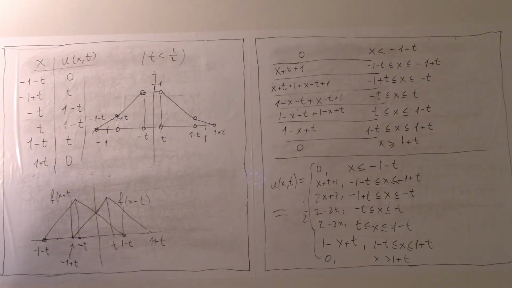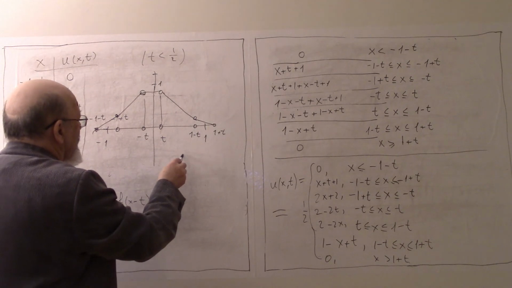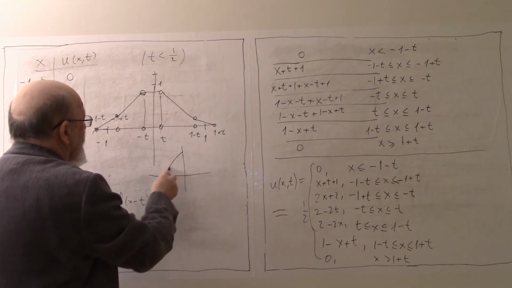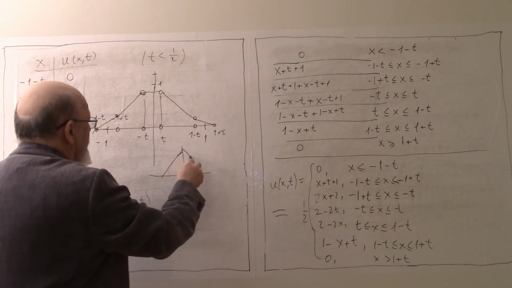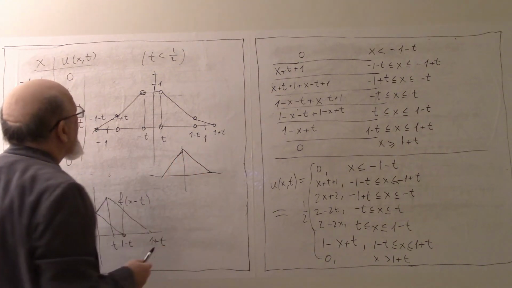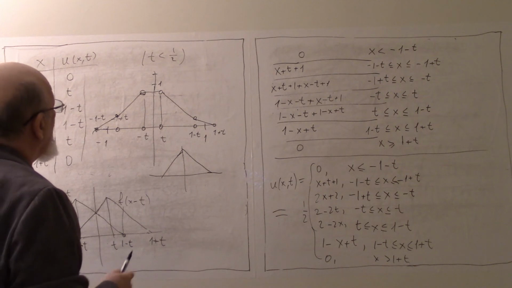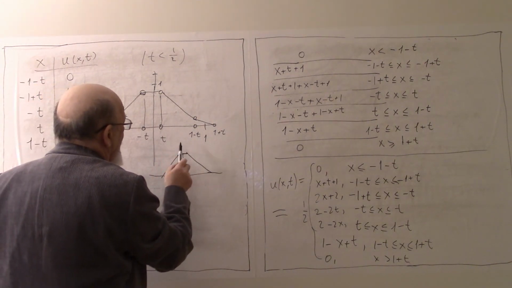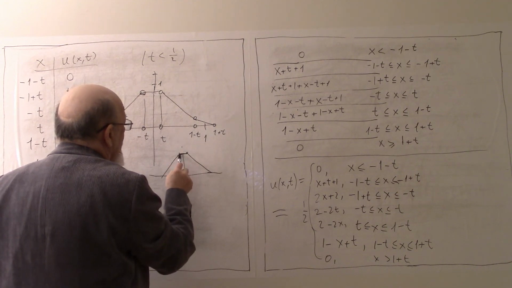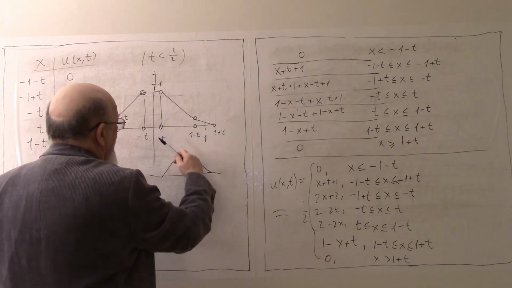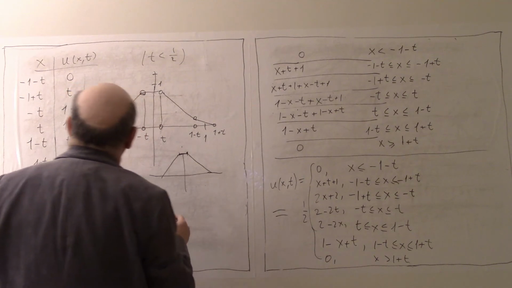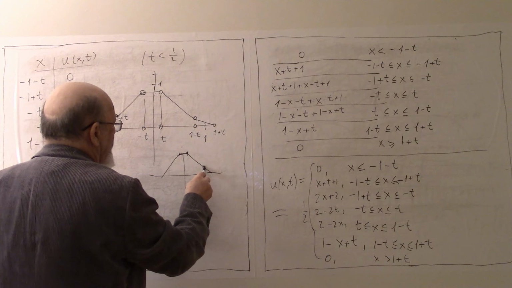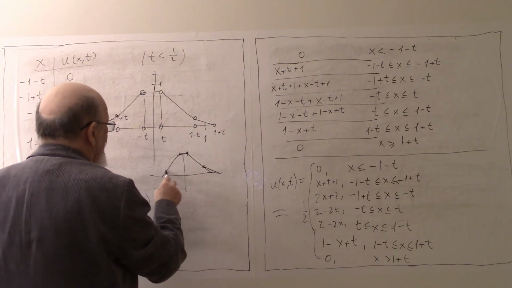When t equals 0, let us draw the first frames of the movie. When t is 0, we have this. When t is positive but small, we see the following thing. Here we have a flat piece, so it becomes lower, and here we have this piece.